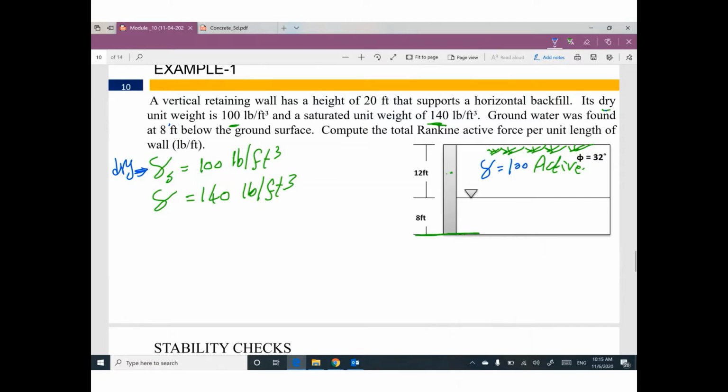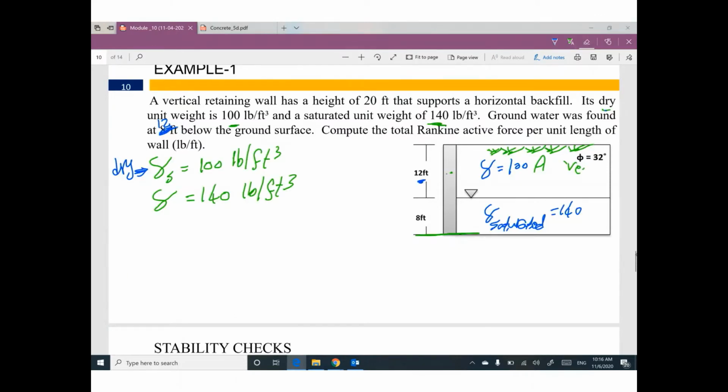And we have another part of soil inside water table, so this one will be gamma saturated equal 140. Groundwater table was found at 12 feet from the ground surface. Compute the total active force per unit length of wall. We need to figure out the lateral pressure.